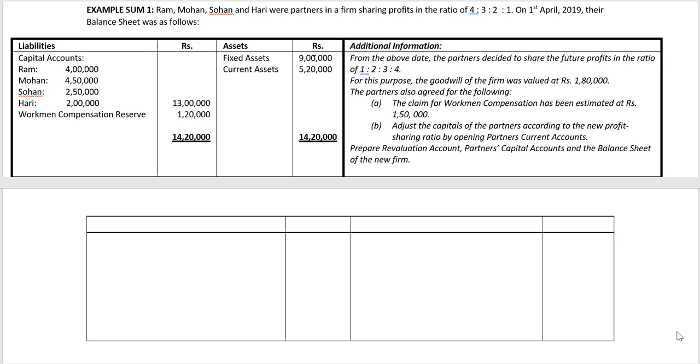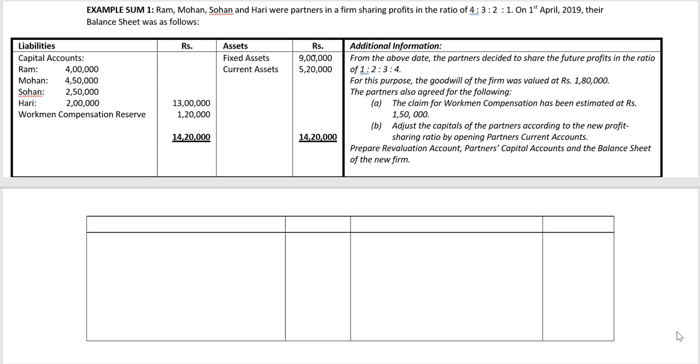From the above date, the partners decided to share the future profits in the ratio of 1:2:3:4. For this purpose, the goodwill of the firm was valued at Rupees 1,80,000. The partners also agreed for the following.